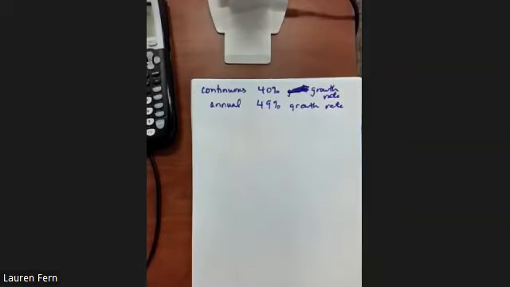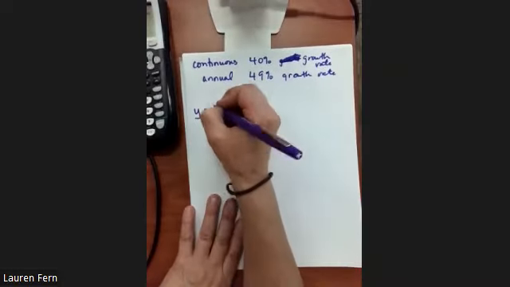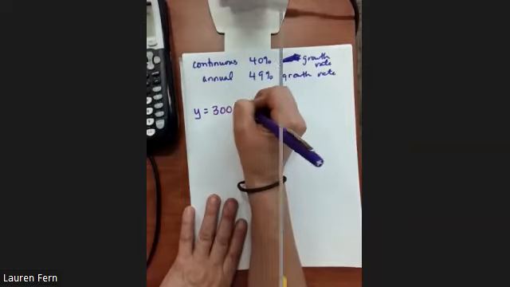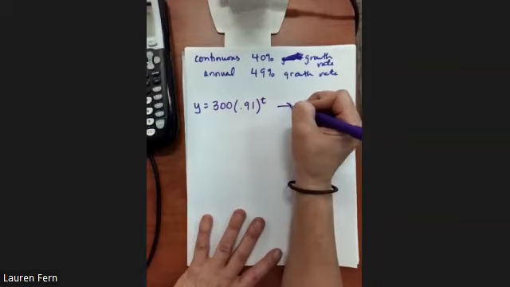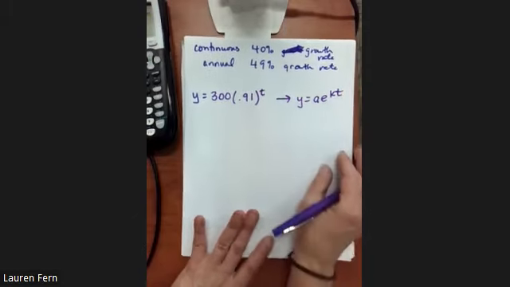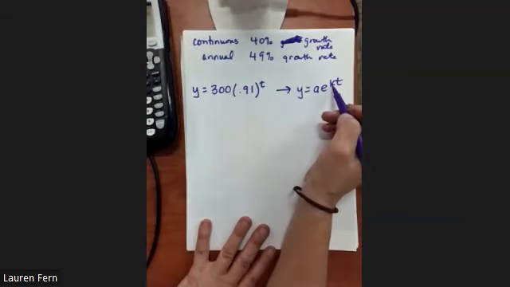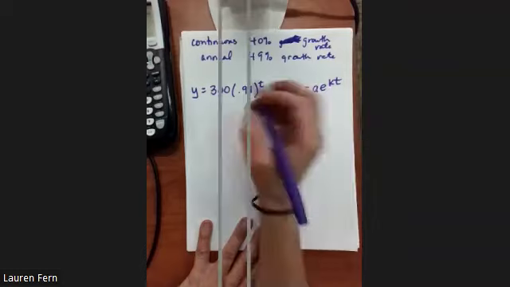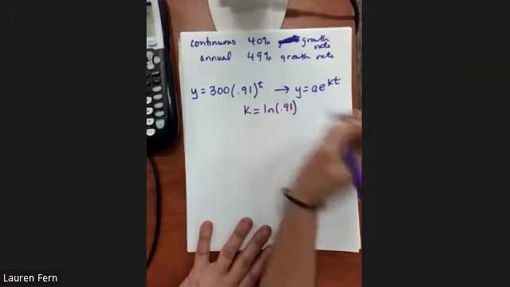All right, can I do one more example? What if I have y equals 300 times 0.91 to the t, and I want to write that as y equals a e to the kt? How do I get my value of k? k is equal to the natural log of b.